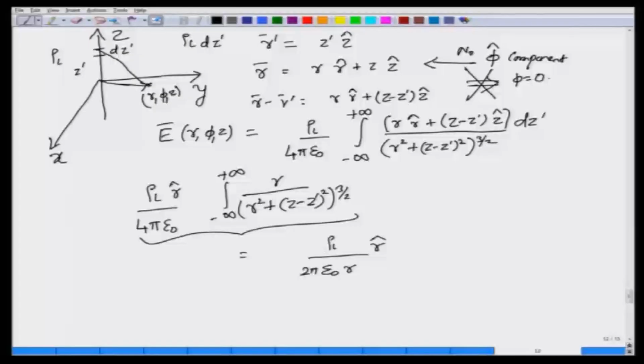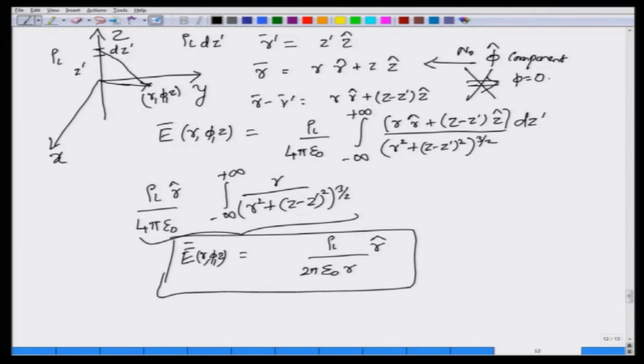So, I have rho L by 2 pi epsilon 0 r r hat, and there is no phi component, also the integral for the z component drops out. So, this is the electric field at r phi and z. This is completely independent of z, depends only on r, and you are only going away along r direction.